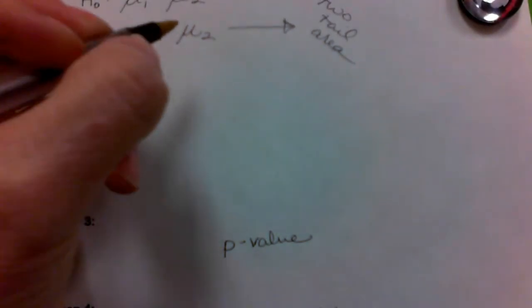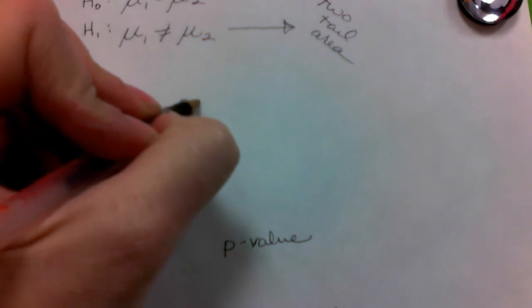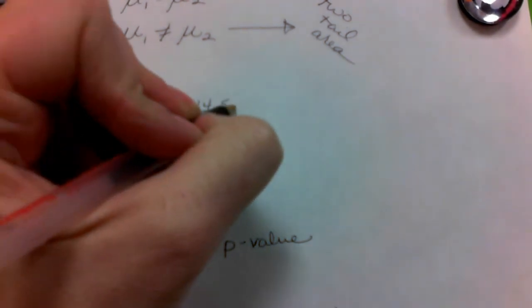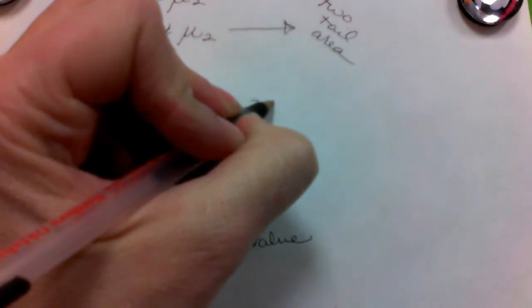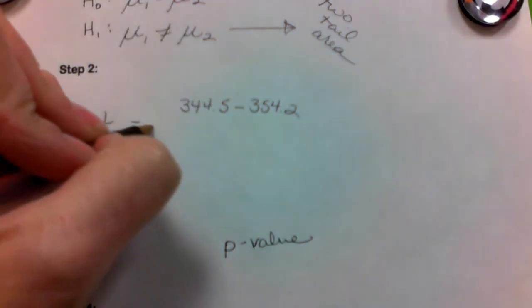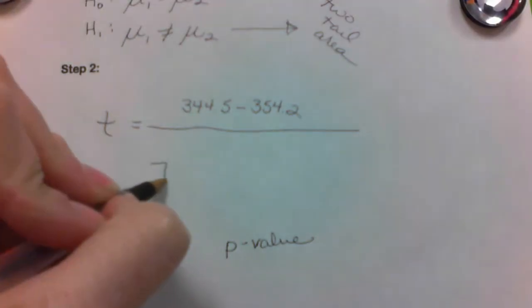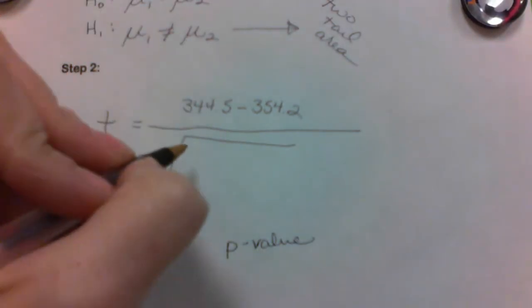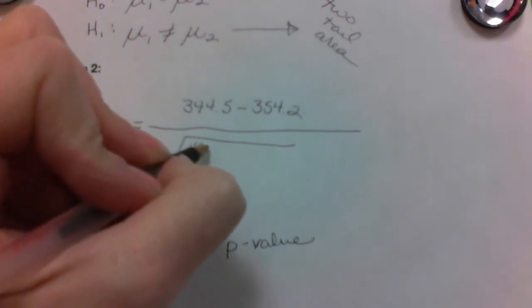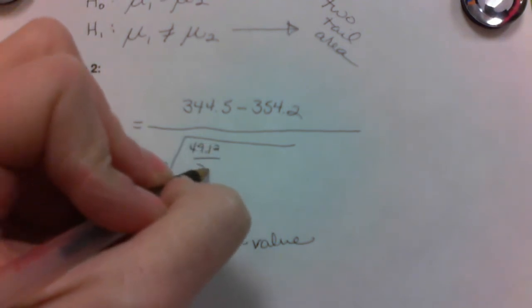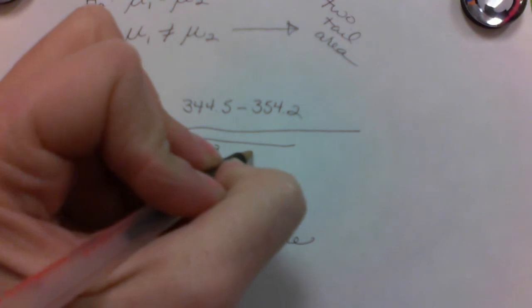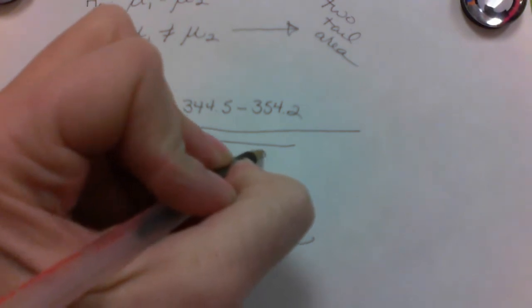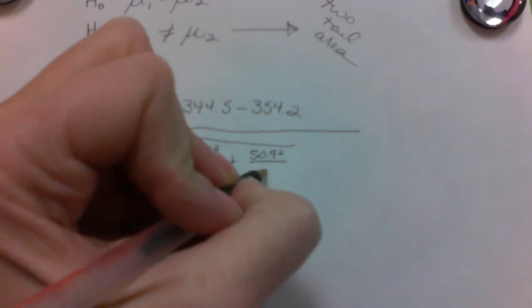Now, it's still X bar 1, 344.5, minus 354.2, and the denominator is the square root of s1, 49.1 squared divided by n1 of 30, plus s2, 50.9 squared divided by n2, which is 30 as well.